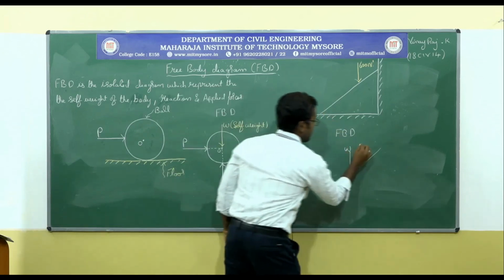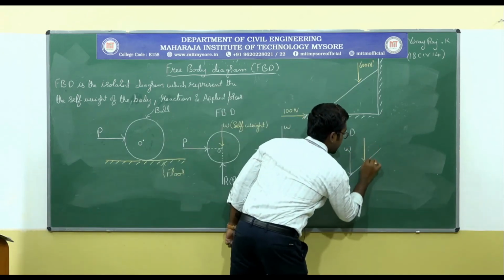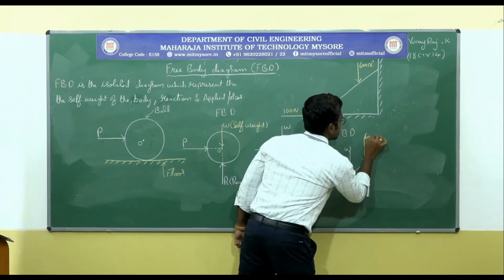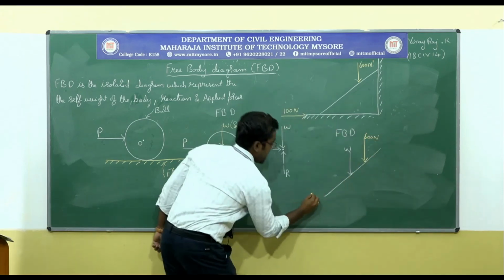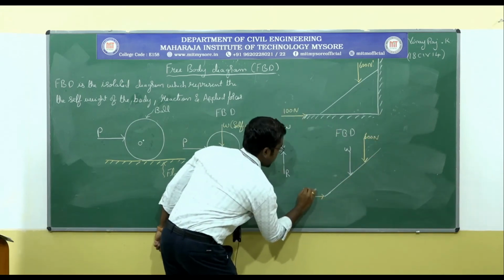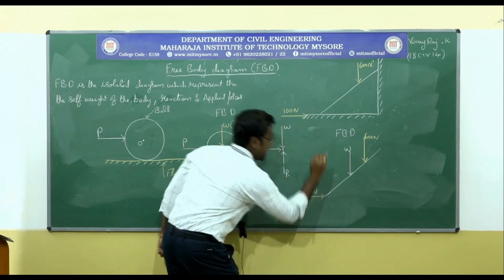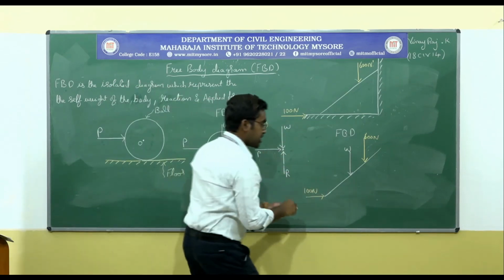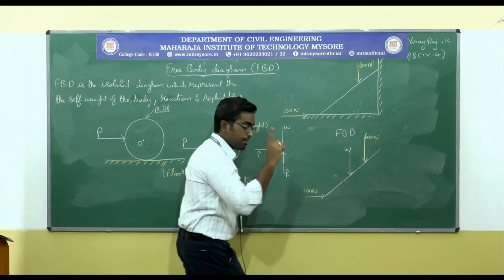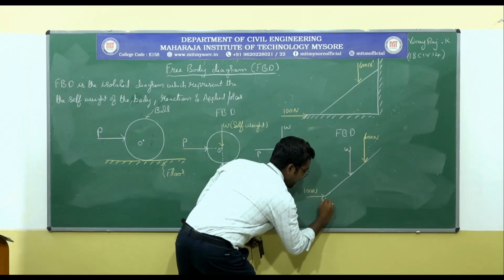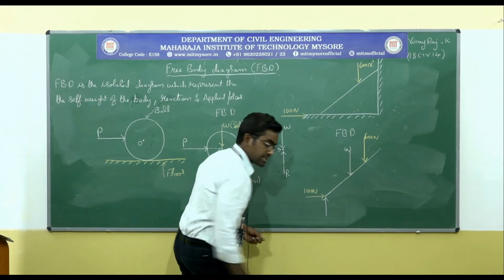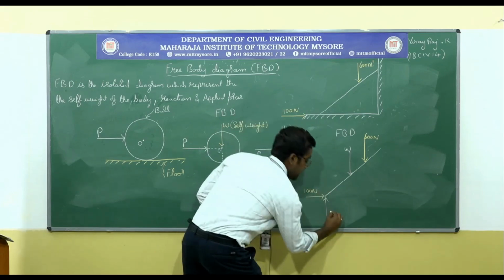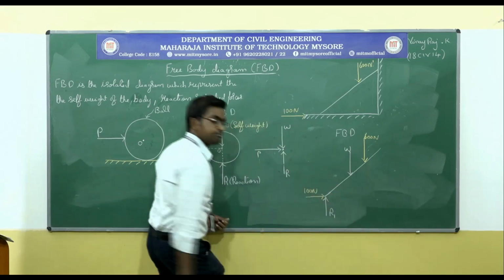Next, I am going to represent the external or the applied force, that is 600 Newton, and then this will be 100 Newton. These are the applied forces. Now I am going to represent the reaction which is offered by the floor, and let me represent like this, which is vertically upwards, and it is R1.